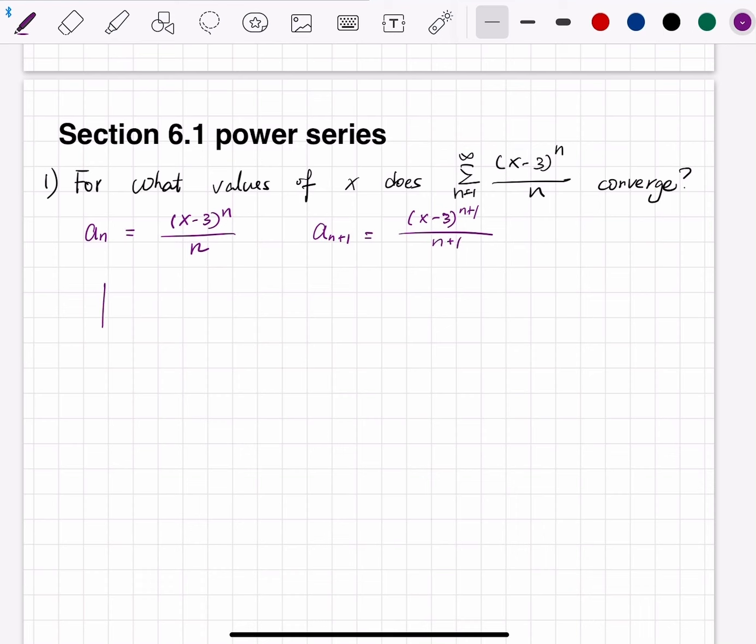So according to the ratio test, the absolute value of a_(n+1) over a_n is going to be this thing over that one. But over meaning division, so they are fractions, so we can rewrite it as a_(n+1) multiplied by the reciprocal of a_n.